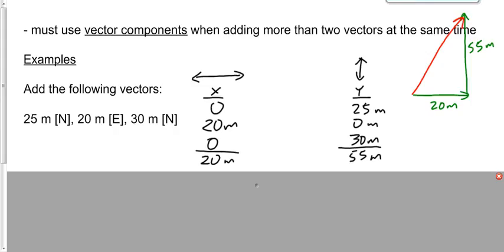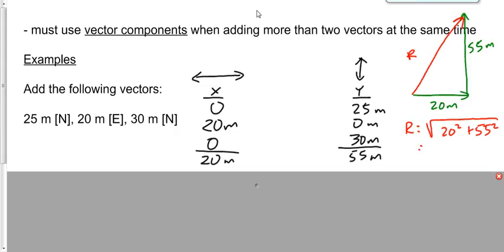Remember, the goal, always get a vector diagram that is a right-angled triangle. I couldn't do that when I had 3 numbers to add together, so I had to simplify it into 2 numbers. To simplify it into 2 numbers, I combined components. 0 plus 20 plus 0, 25 plus 0 plus 30. Now I can redraw it as a simple right-angled triangle vector diagram. And now I can find the value of r pretty easily, right? R is equal to the square root of 20 squared plus 55 squared.